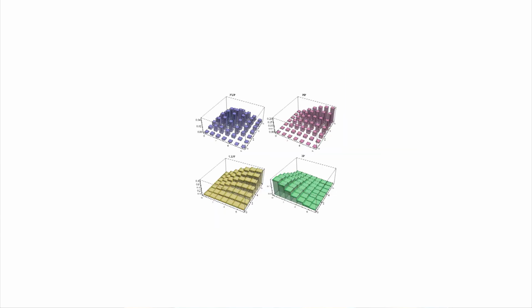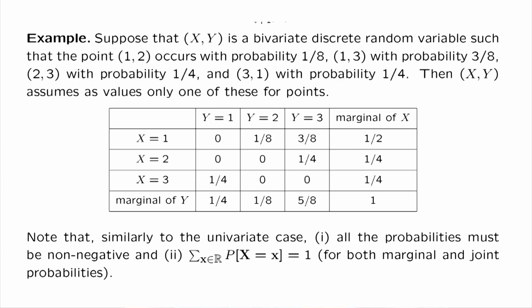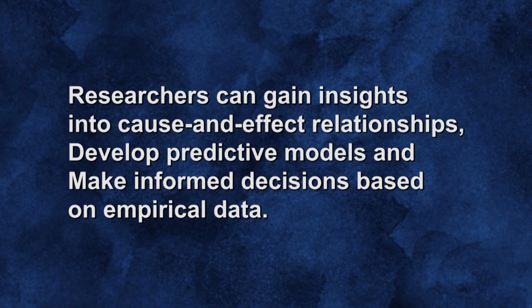Understanding the behavior of continuous bivariate random variables is important in many fields including economics, engineering, and science. By analyzing the relationship between two variables, researchers can gain insights into cause and effect relationships, develop predictive models, and make informed decisions based on empirical data.